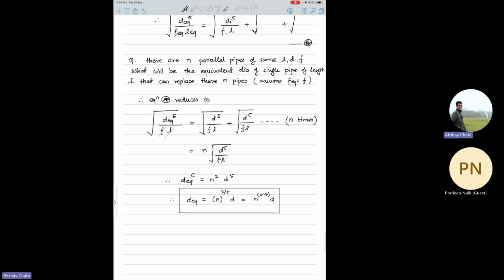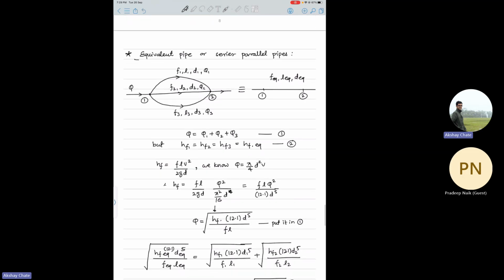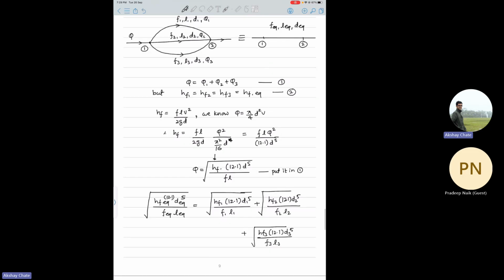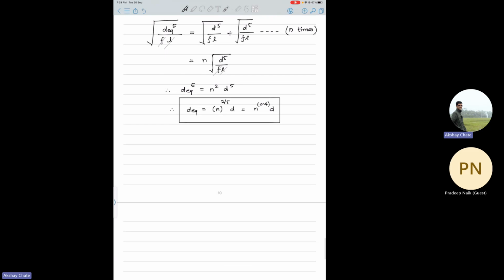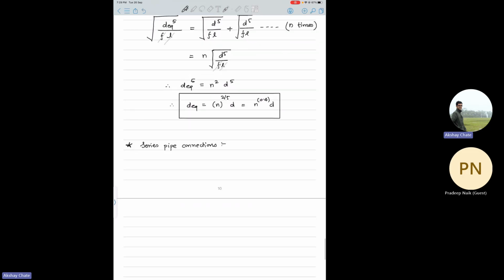Okay. So now similarly, one case is the parallel pipes, another case will be series pipes. This is n to the power 0.4 into d.